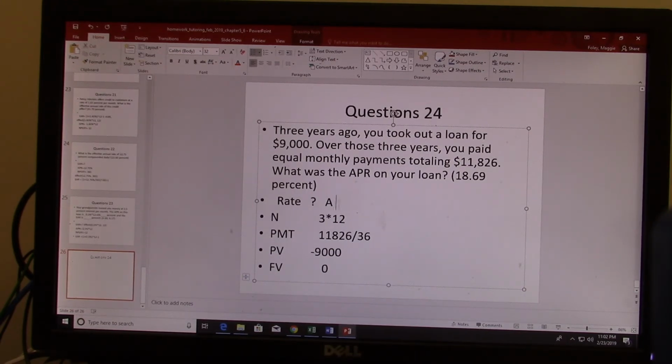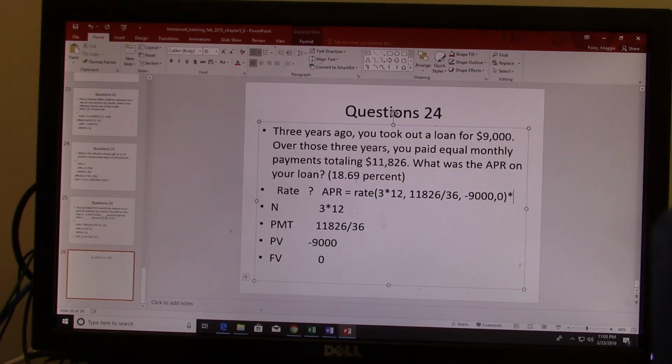So APR should equal, we use the RATE function. The first input is N, the second input is the monthly payment, and negative 9,000.